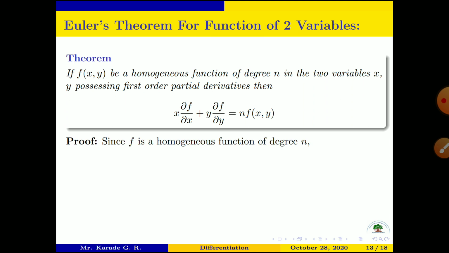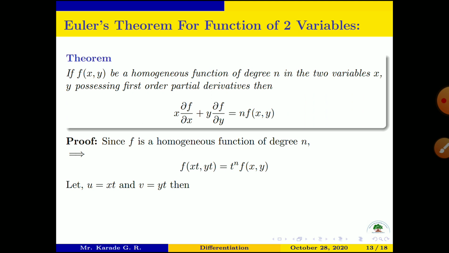If f is a homogeneous function of degree n, then we have f(xt, yt) = t^n f(x, y). So this is the condition on a homogeneous function. Our function is homogeneous if and only if this condition is satisfied. Now let u = xt and v = yt.